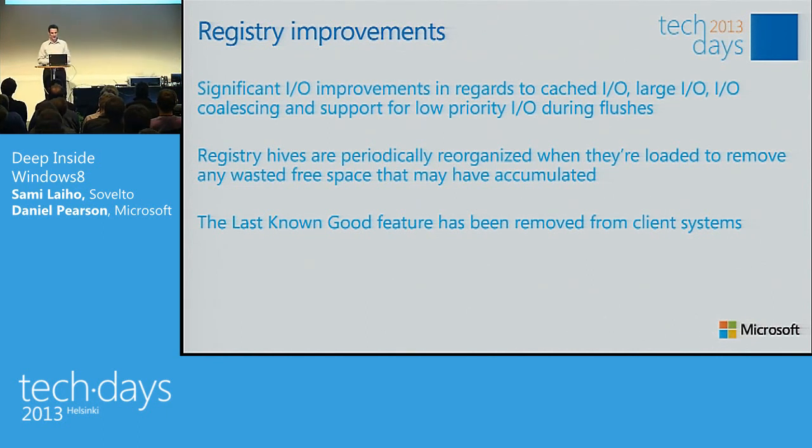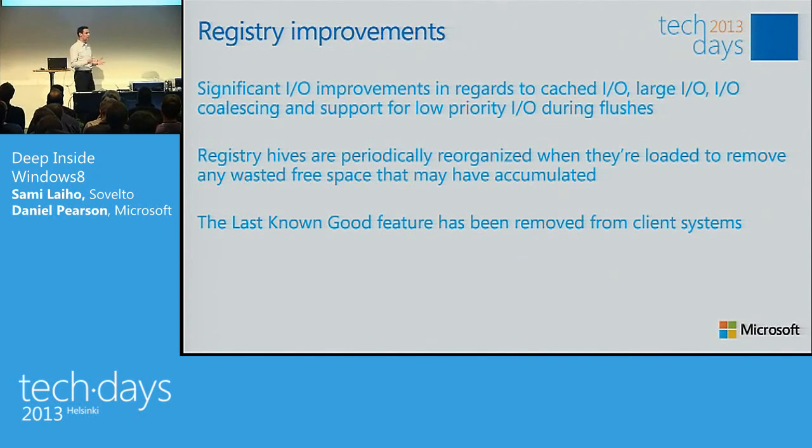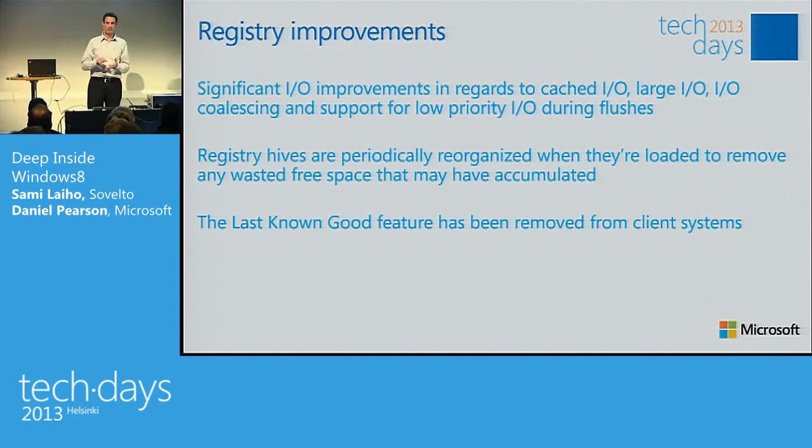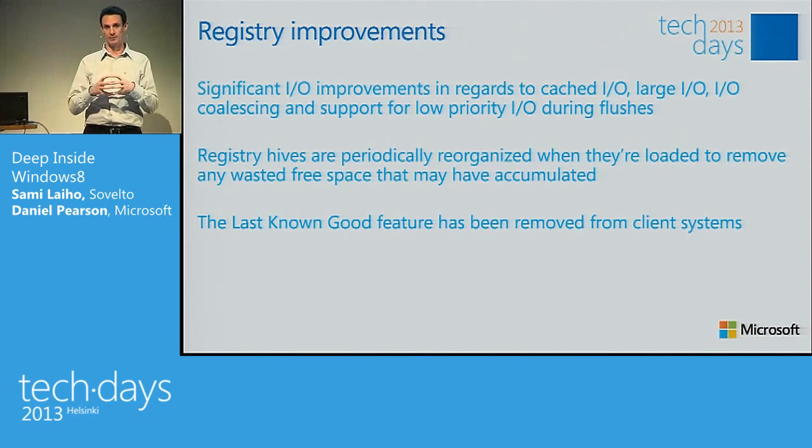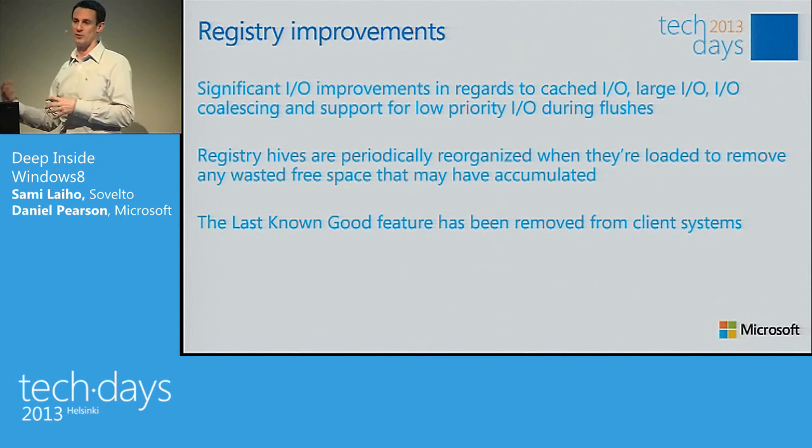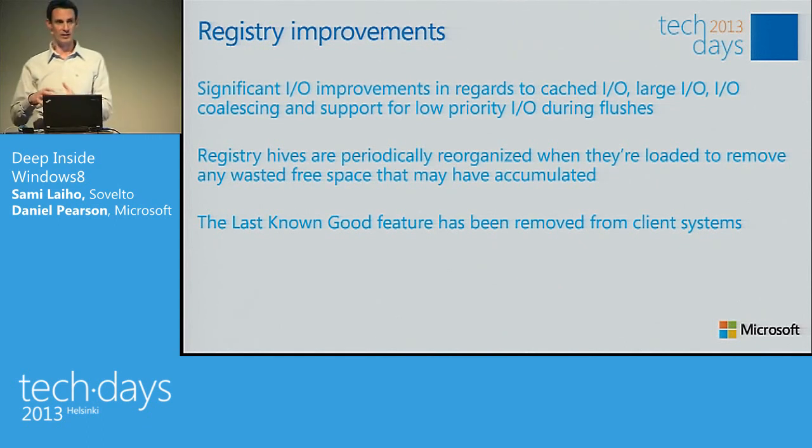I know. Some changes were made to the registry. One of the big changes was to do with compaction of the registry. One of the problems you would face in earlier versions of Windows is if you had an application that would create multiple registry keys. Let's say it would create 100,000 registry keys and then delete those 100,000 registry keys.